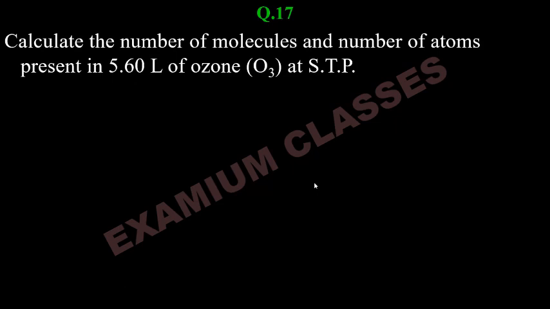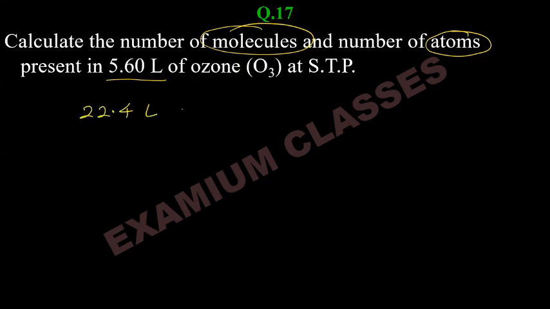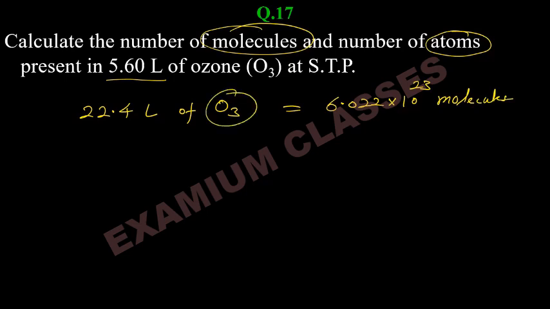Calculate the number of molecules and number of atoms present in 5.60 liters of ozone at STP. And you know the relationship very well. You know that 22.4 liters of ozone will be equal to how many molecules? 6.022 into 10 power 23 molecules, because ozone is a molecule, O3.